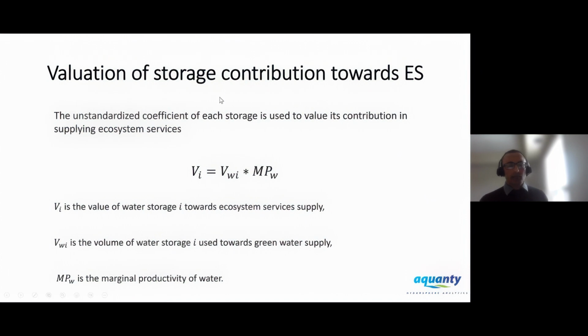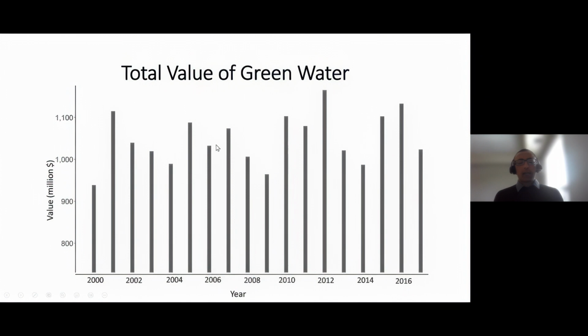So applying this formula and feeding all information into it, we found these values. And as you can see, the value changes from 950 million to almost 1150 million for the South Nation watershed. And if you look at the value in 2012, that is the maximum value because more water was used in this time because the precipitation was low.